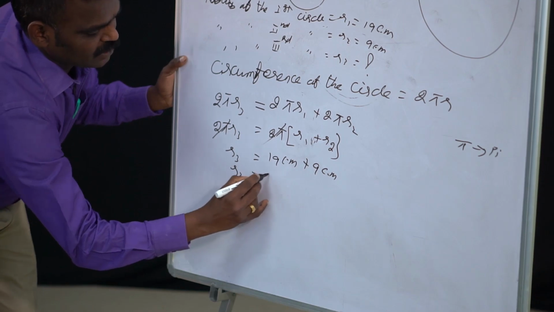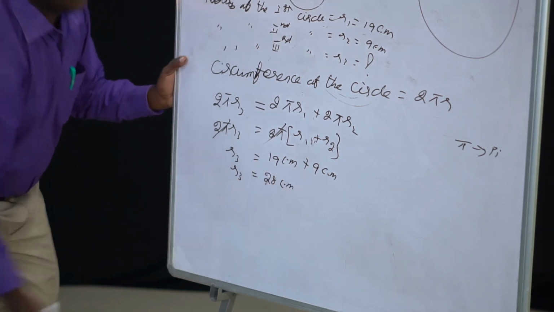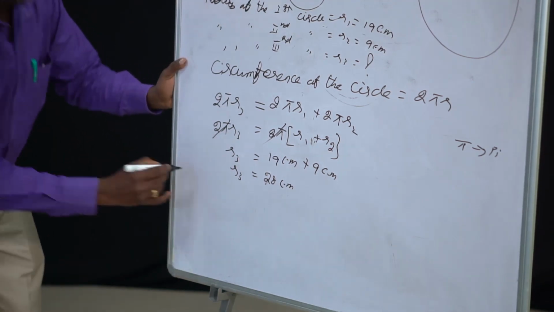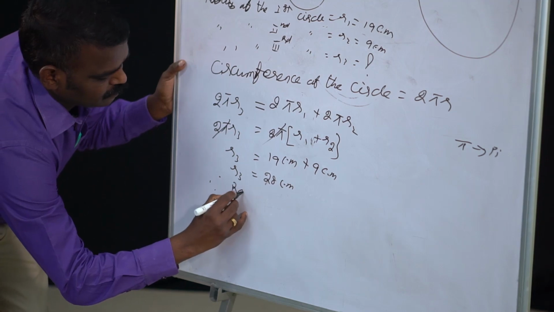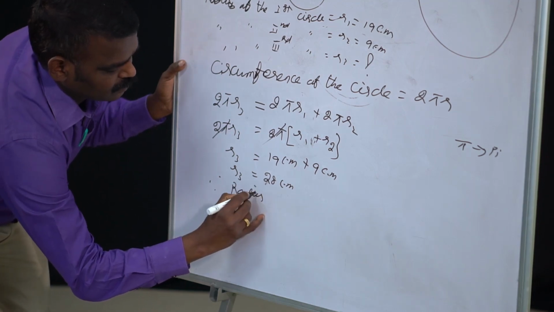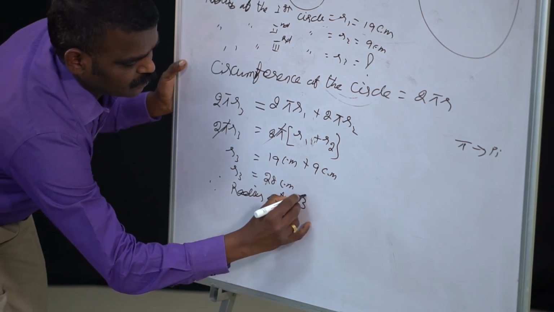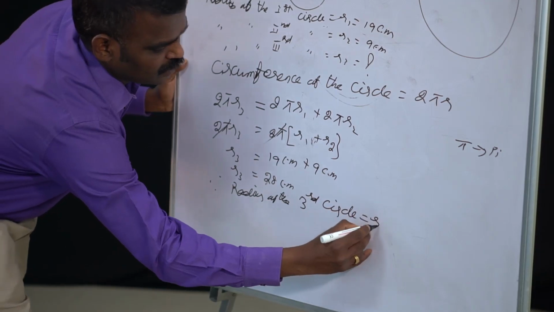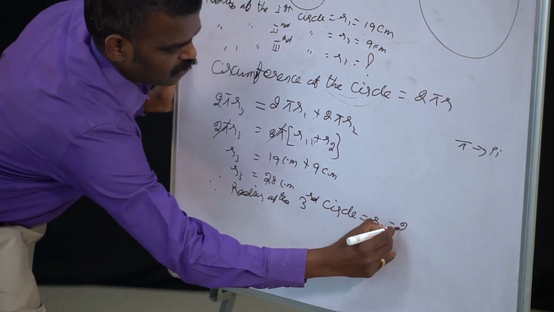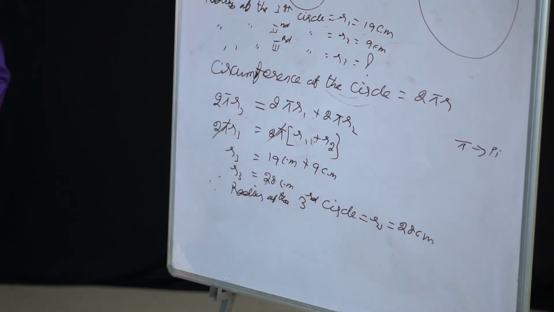So r3 equals how much? 19 plus 9, how much? 28 centimeter. Therefore the radius of the third circle, r3, is 28 centimeter. Right, all of you?